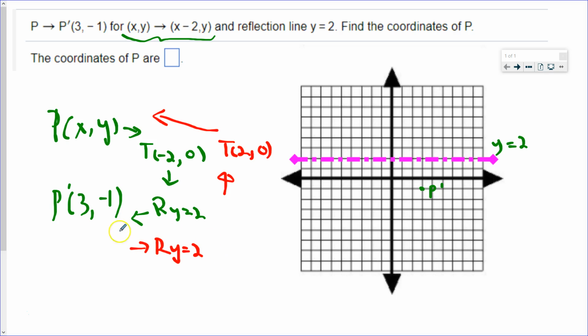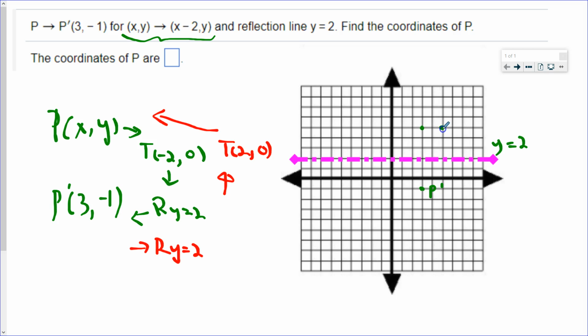So I'm going to do a reflection first. I'm following this path that's red. Reflection, y is equal to 2, is 1, 2, 3 dots, 3 dots away from my line of reflection, so I'm going to end up 3 dots away from my line of reflection again. So after the first reflection, I ended up with this. And then after this, we are going to do a translation of 2, 0. So from here, I'm moving 2 dots.